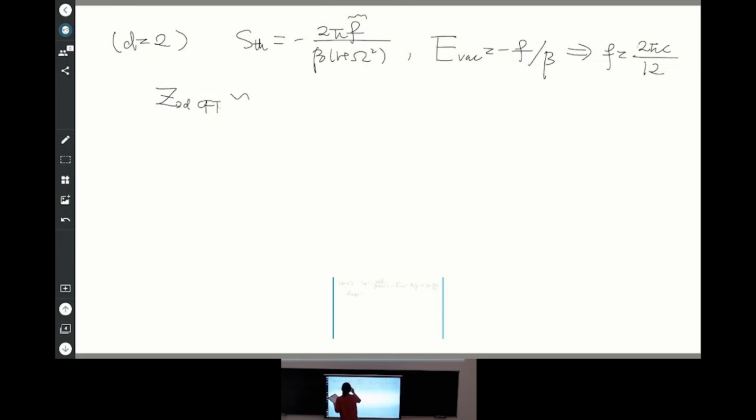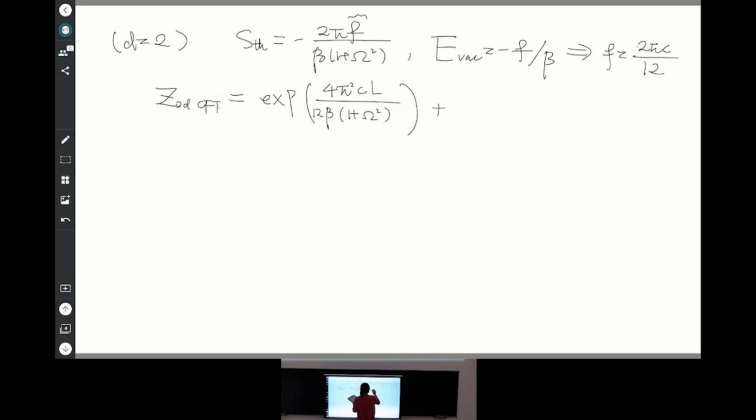The wiggly sign again means agree up to exponentially suppressed terms. Okay, maybe let me just write an equal sign plus some non-perturbative corrections, which take the form of some number multiplied by L divided by beta.